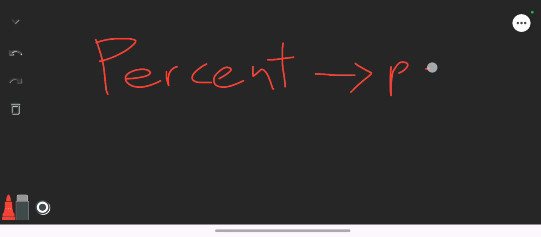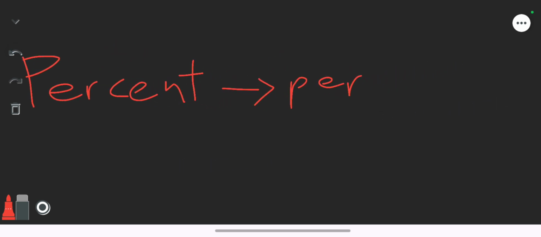Means per one hundred. It tells how many parts out of 100 something represents.